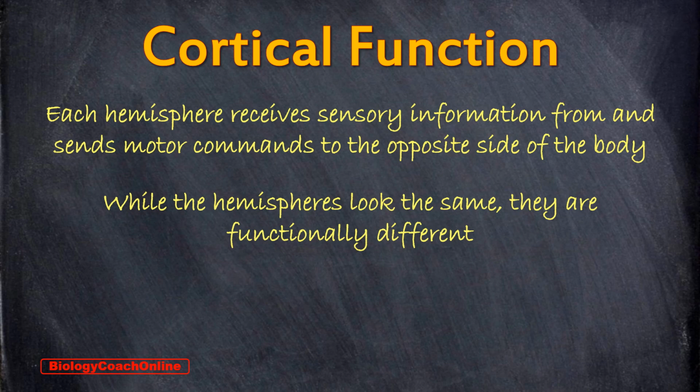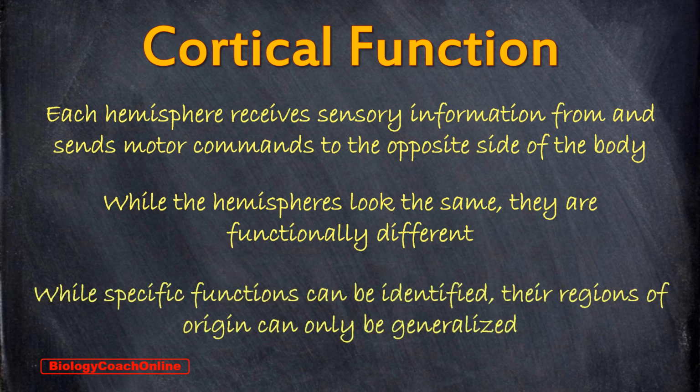Now, most important, perhaps, I really want you to understand that while specific functions can be identified, their regions of origin can only be generalized. So what that means is we can pinpoint the area that, for example, movement of the right hand originates, the left precentral gyrus.